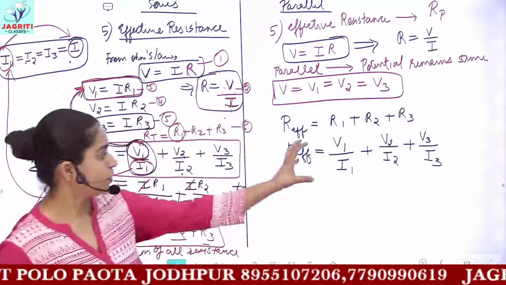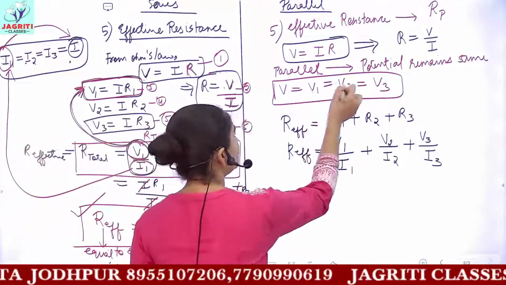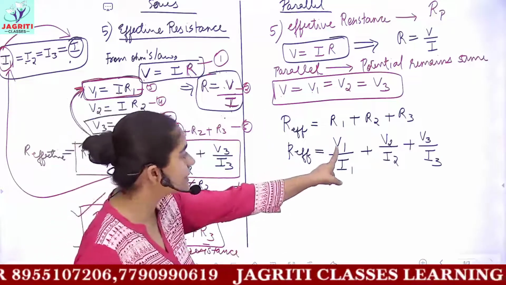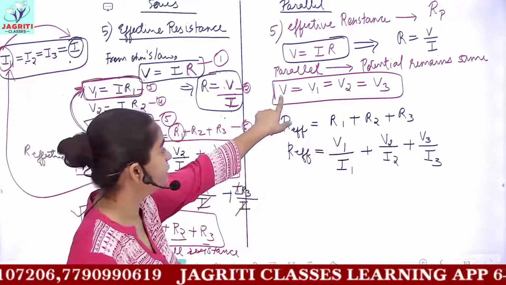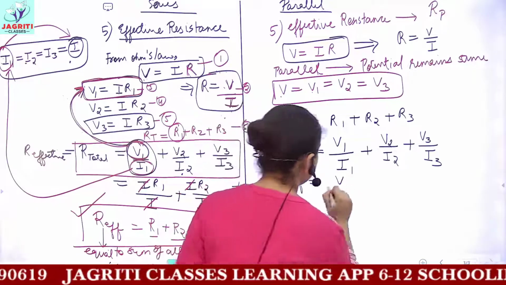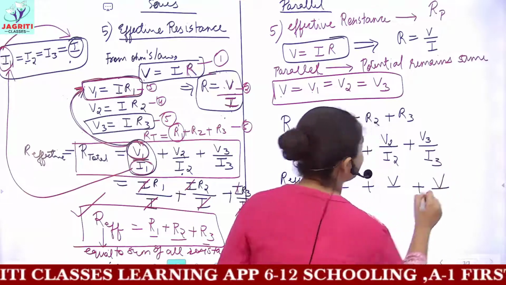Now we have our equation for R effective. We know that V1 is equal to V, V2 is also equal to V, and V3 is also equal to V. So in this equation, instead of V1, I'll write V, and likewise for V2 and V3.